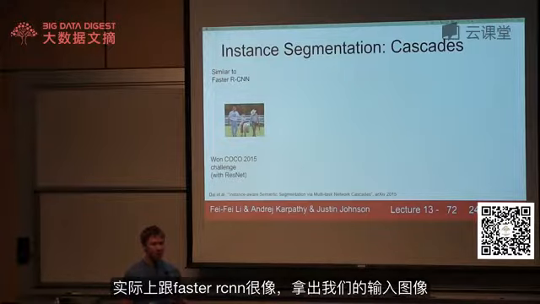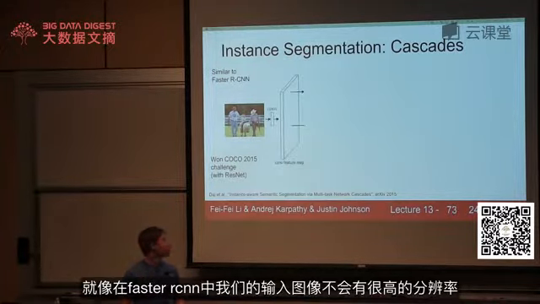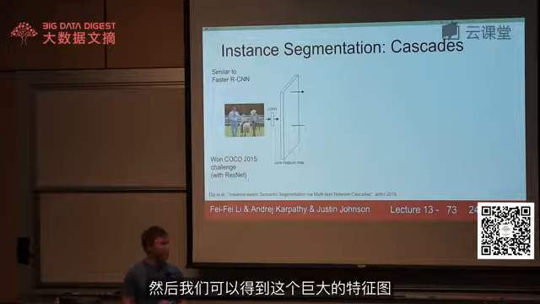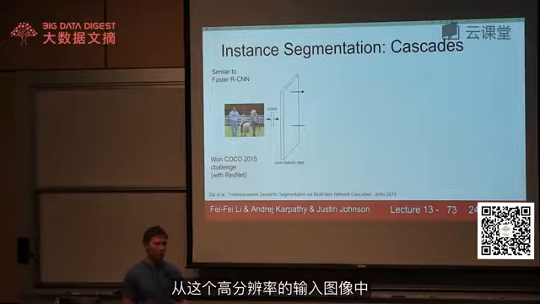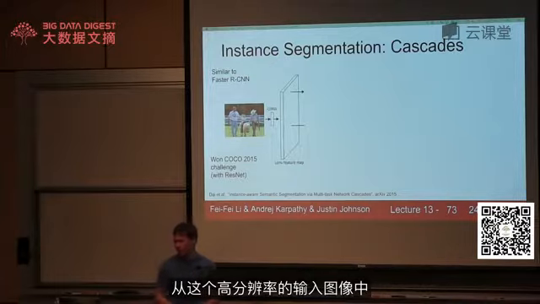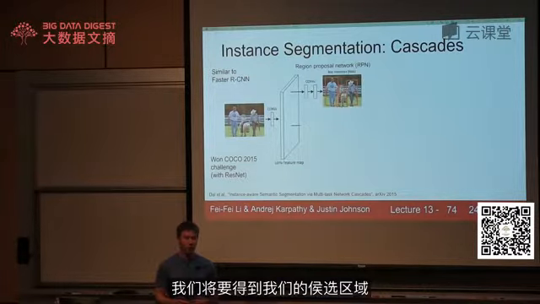So this actually is very similar to faster RCNN. We're going to take our input image, and just like in fast and faster RCNN, our input image will now be pretty high resolution, and we'll get this giant convolutional feature map over our high resolution image. Then from this, we're actually going to propose our own region proposals.